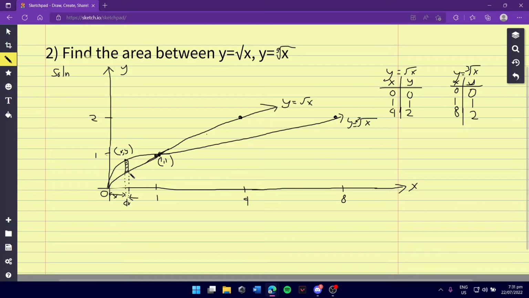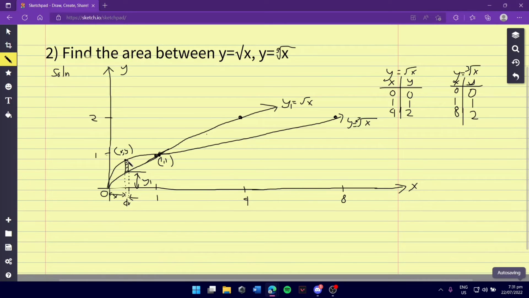So the distance between your x-axis to the bottom part of your vertical strip, since it is connected to the first curve, let's call this y1.